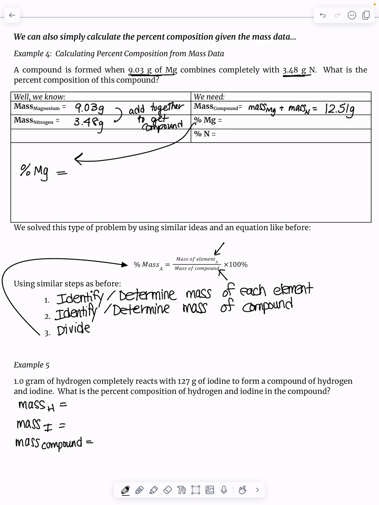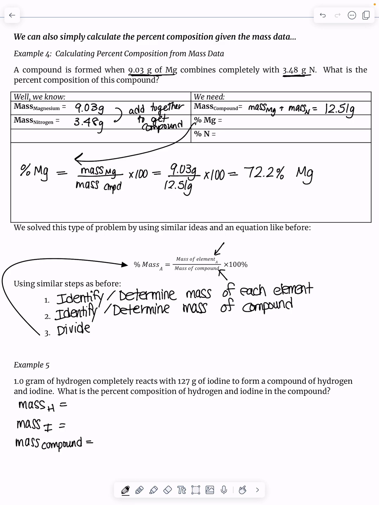So my percentage of magnesium will be my mass of magnesium divided by my mass of compound times 100. That'll be 9.03 grams divided by 12.51 grams times 100. If I do this math on a calculator, I get 72.2% magnesium.